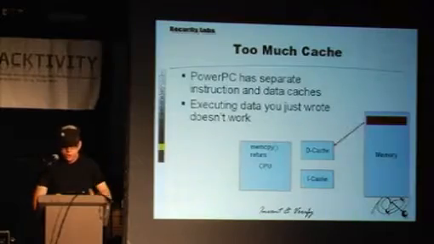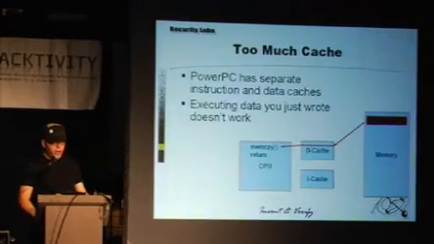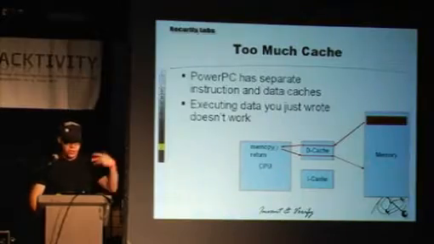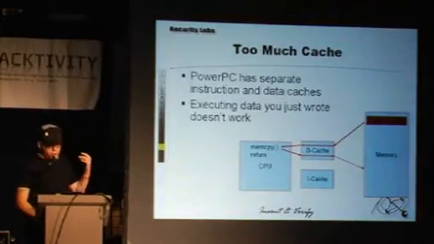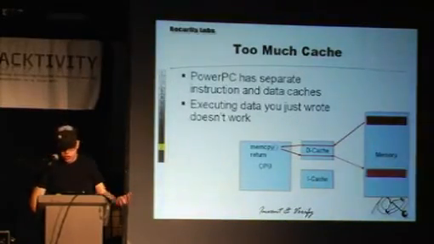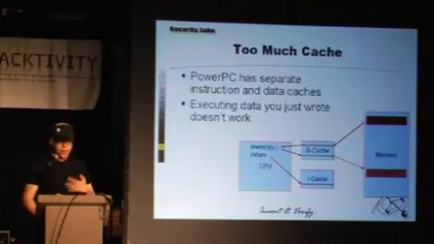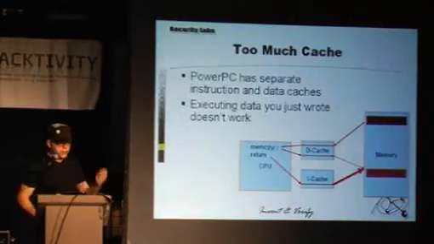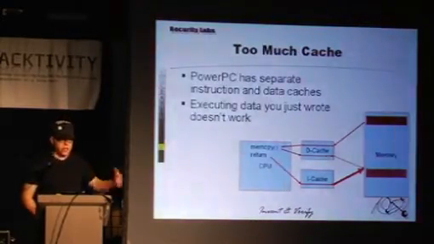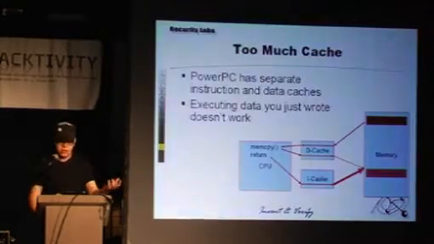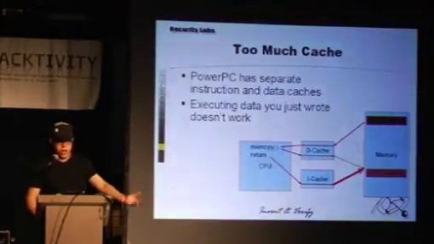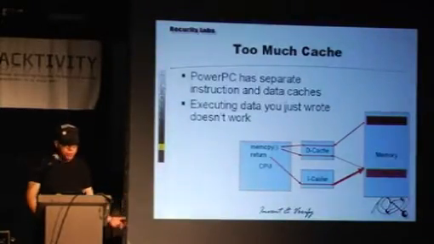So when we overwrite stuff, we actually use the data cache, because it's still considered data, right? The moment we want to jump to it, it's considered code. The problem is, it's actually not there. It's not written into the real memory yet. That's the purpose of a cache. It's like holding the data for a while and seeing if you're going to overwrite it in the next 5 instructions anyway.